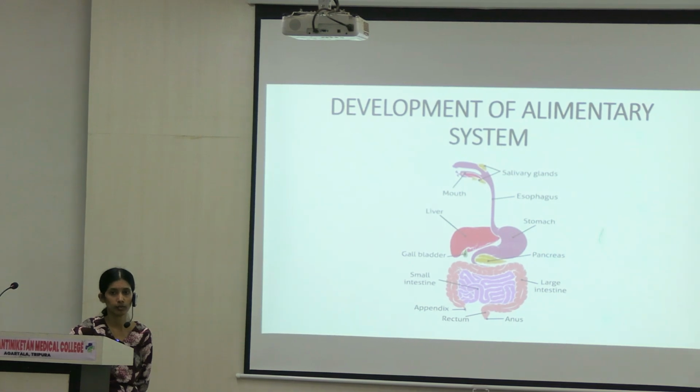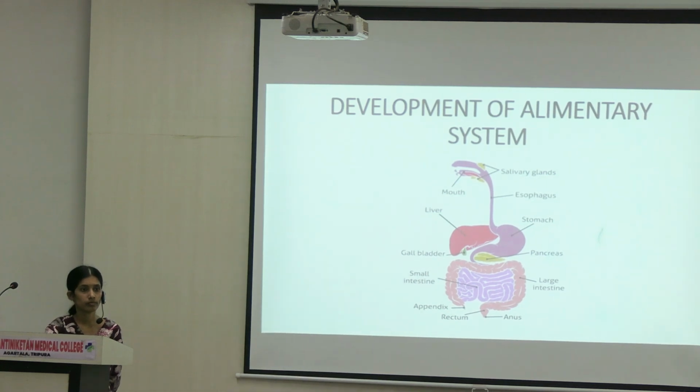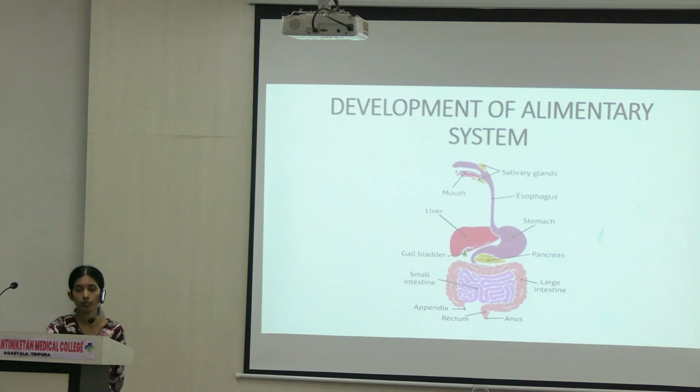And in the pericardial region, we can see the development of the heart. Okay. What happens once the foldings take place? Formation of the primitive gut takes place in the yolk sac region. Okay.